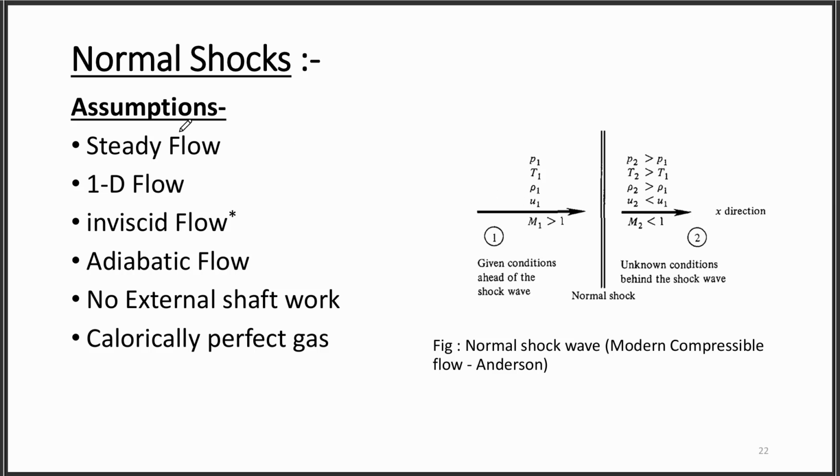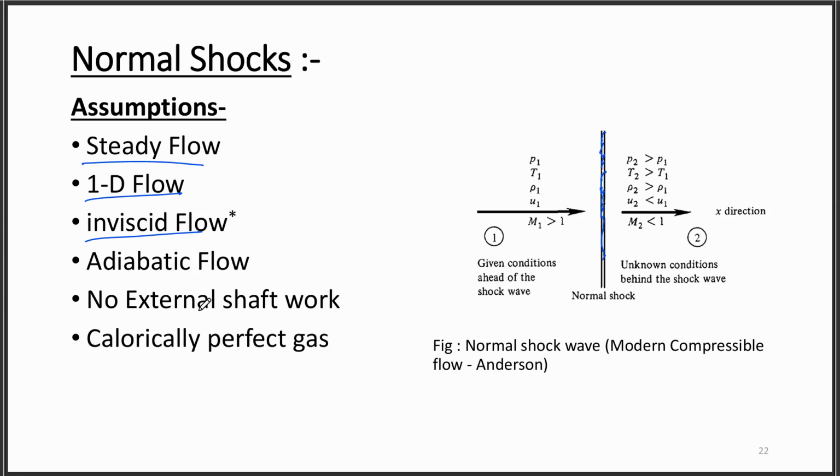There are some assumptions which we take for the normal shock: the flow is steady, we consider the flow to be 1D, and the flow is inviscid upstream and downstream, but inside we consider that there is a highly viscous part, due to which the flow properties change drastically.